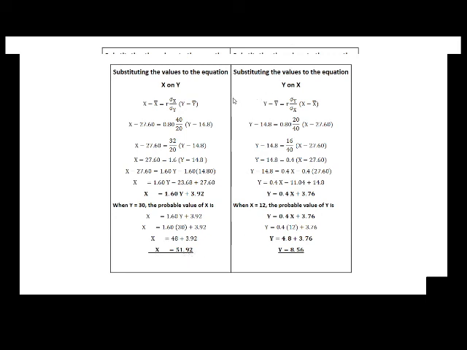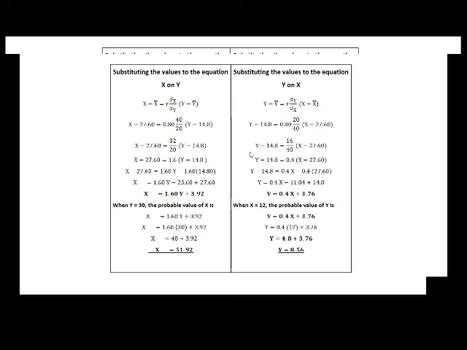Likewise, you can substitute the values into the equation y on x: y minus y bar is equal to correlation into standard deviation of y divided by standard deviation of x, into x minus x bar. Putting the values, y minus 14.8, y bar is already given, is equal to 0.80, which is also given, into 20, standard deviation of y, already given, divided by standard deviation of x, which is 40, into x minus x bar, 27.60.